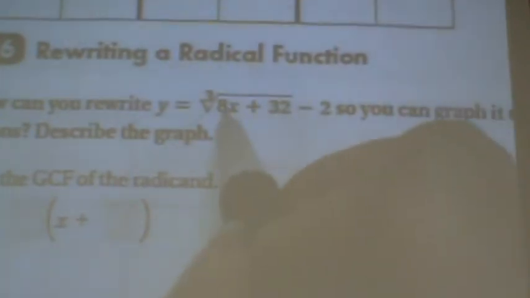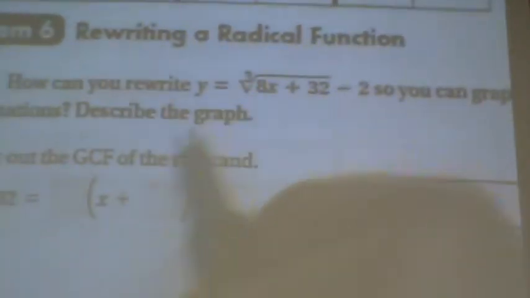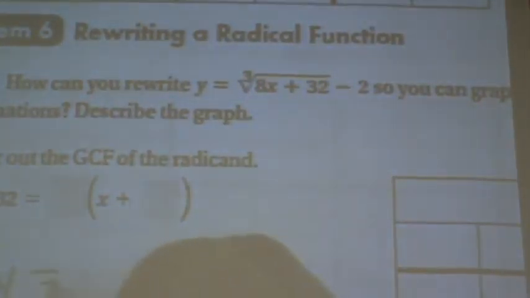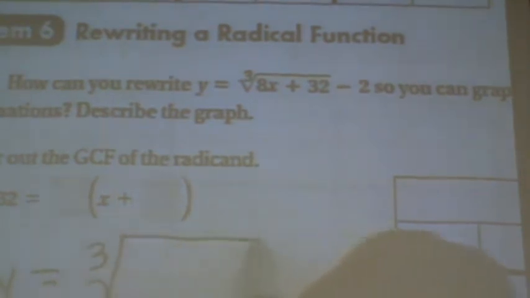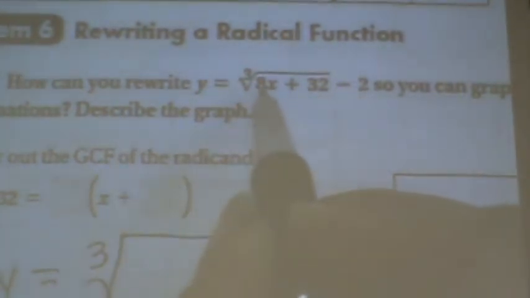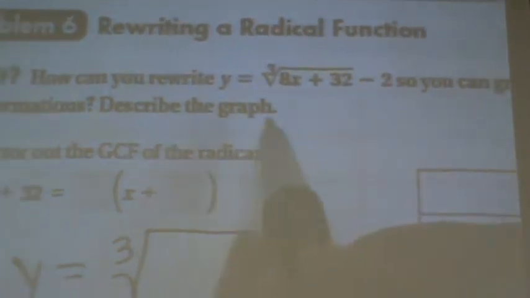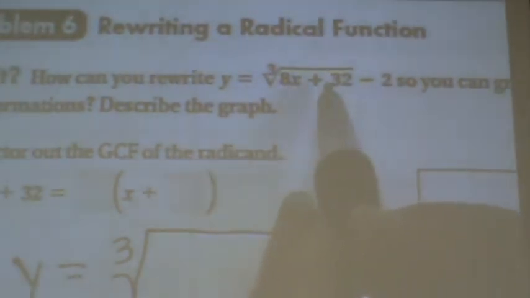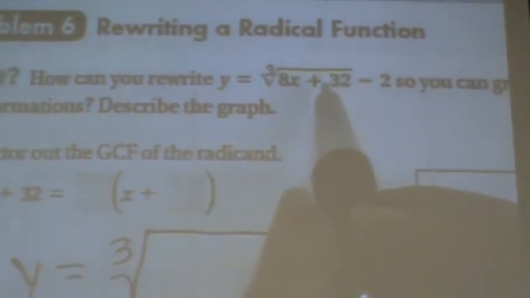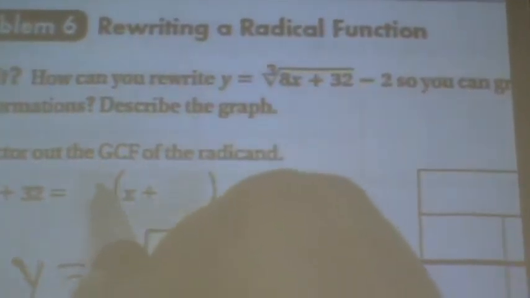So now, I want you to look at this problem right here. We have an issue with this one. See this 8 right here? Take a look at it. Y is equal to the cube root. We don't have a 1 in front of x, so you have to pull that 8 out. Is 32 divisible by 8? Can we pull the 8 out?